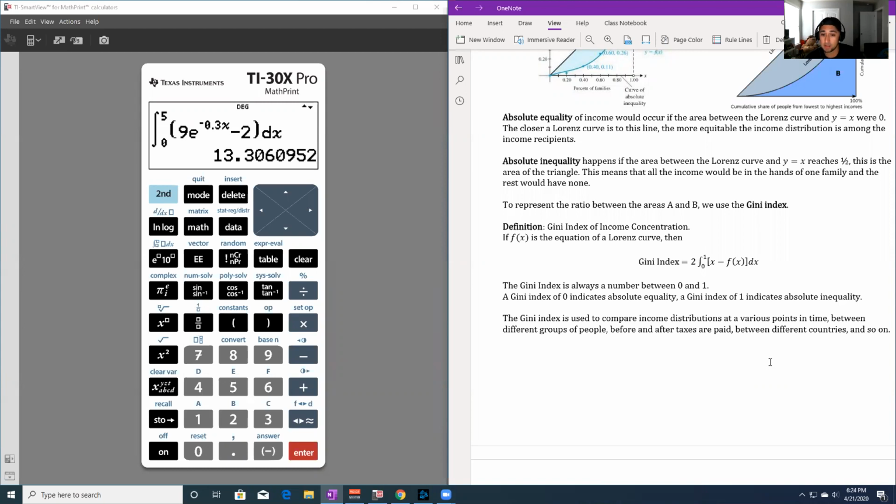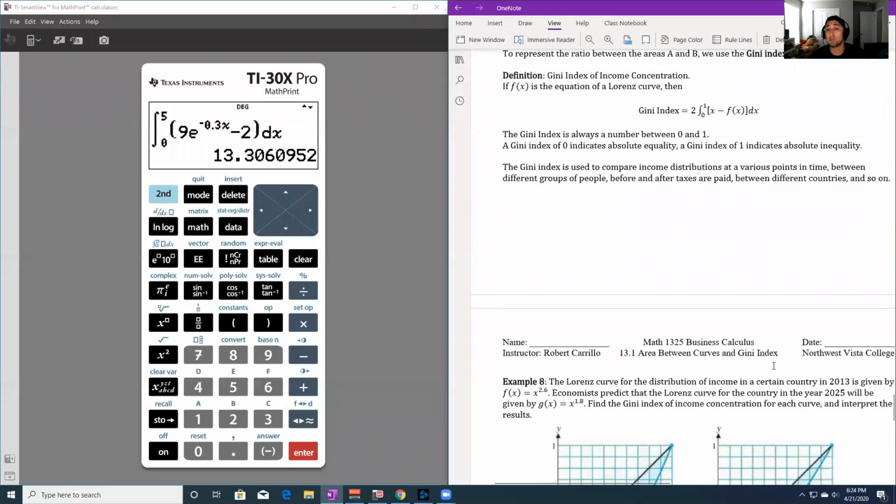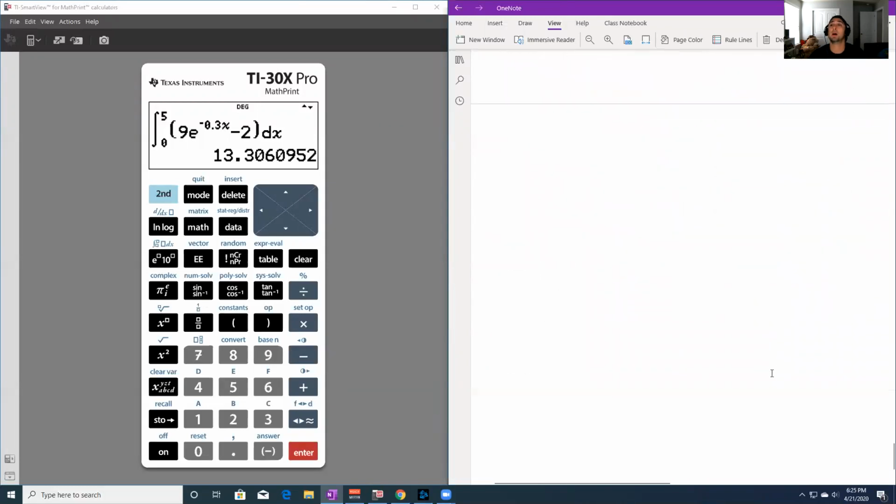The Gini index is used to compare income distributions at various points in time, between different groups of people, before and after taxes are paid, between different countries, and so on. So with that being said, we come to our very last problem.